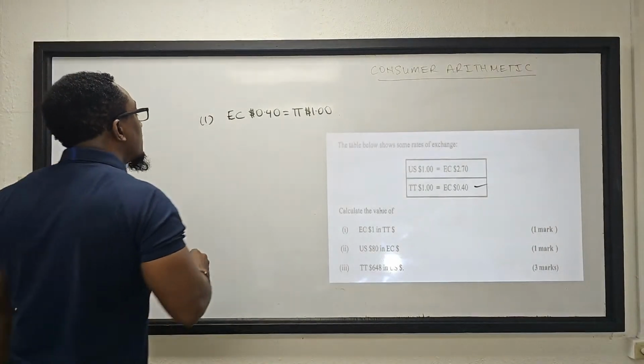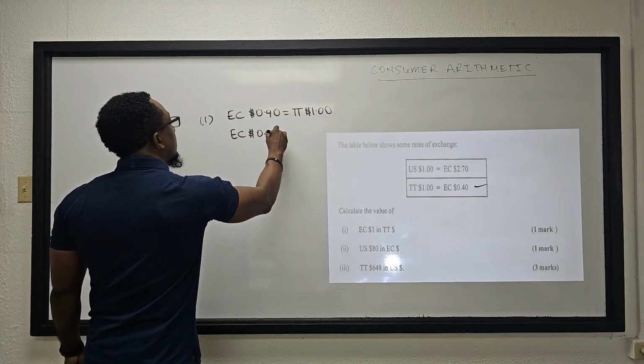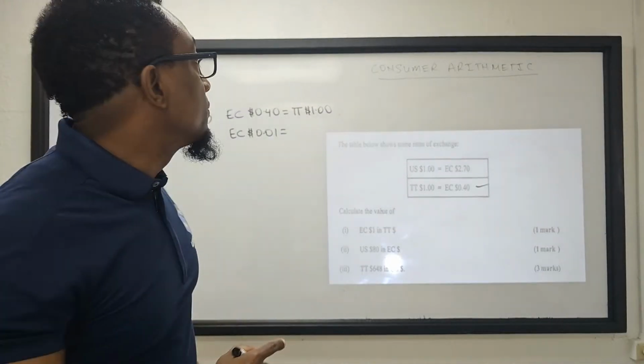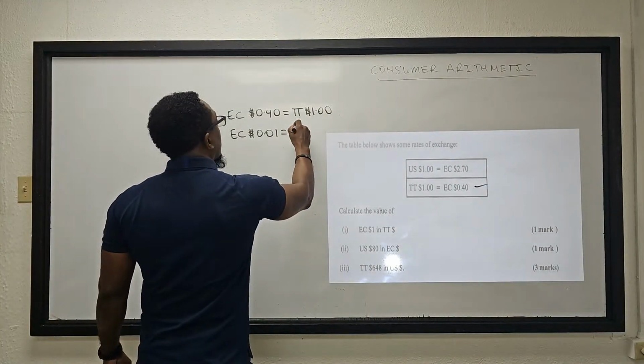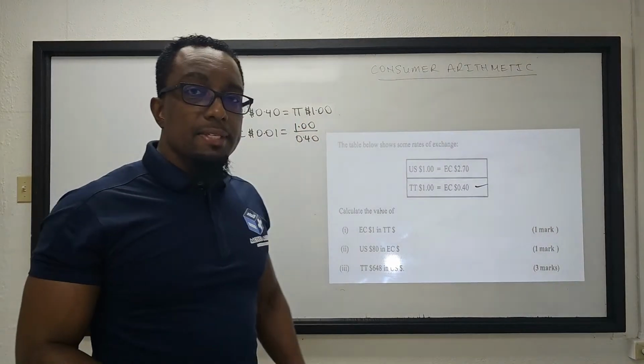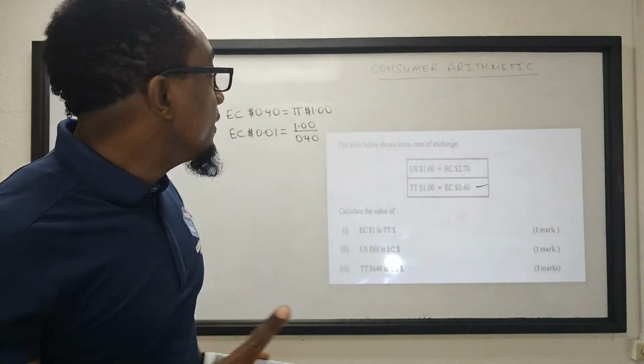Yeah? So EC 1 cent. So we have 40 cents. What 1 cent is equal to will be TT $1 divided by 40 cents EC. And therefore we can determine now what $1 EC is equal to.